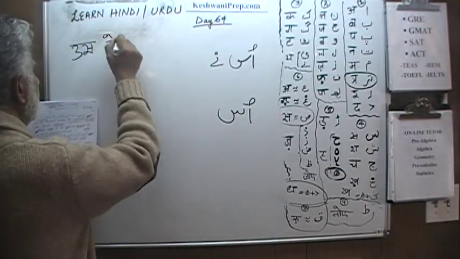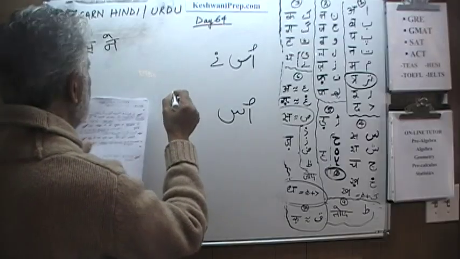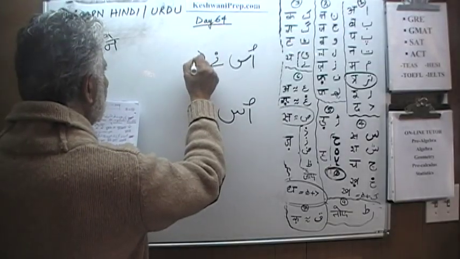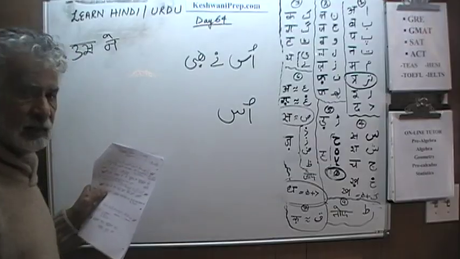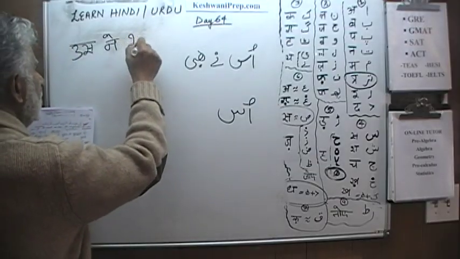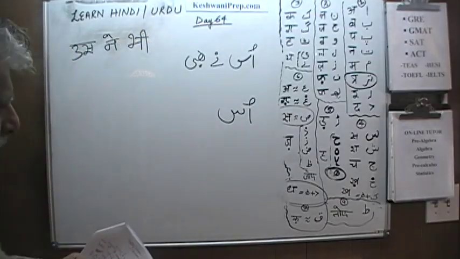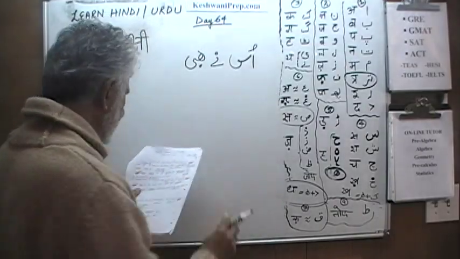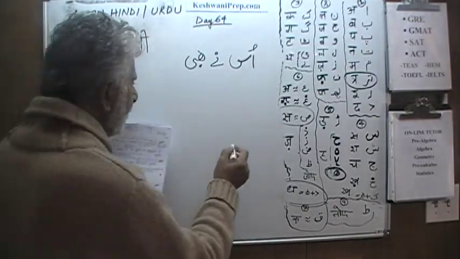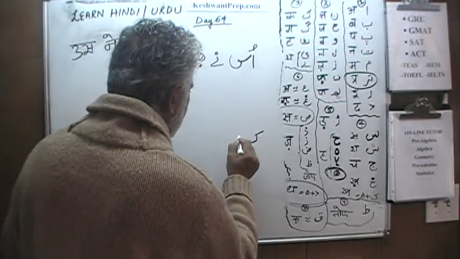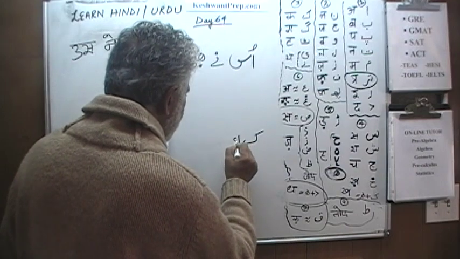Usne bhi, there is your ba and choti ye, which makes a badi ki matra, and it gives us bhi. Usne bhi. Kai is ka and alif and a ye.